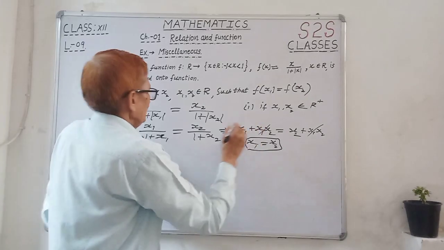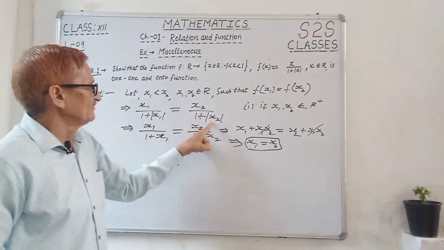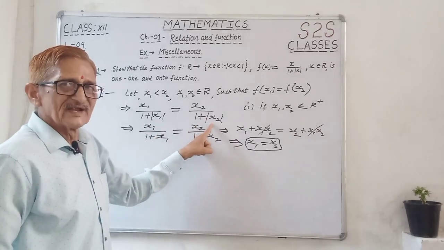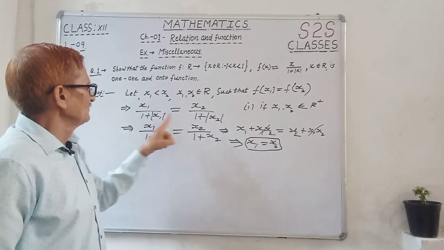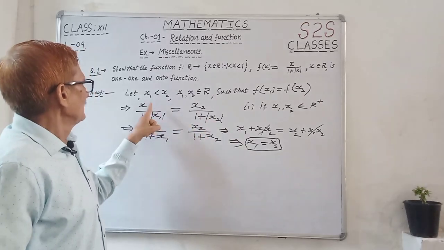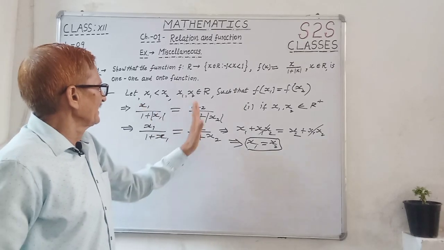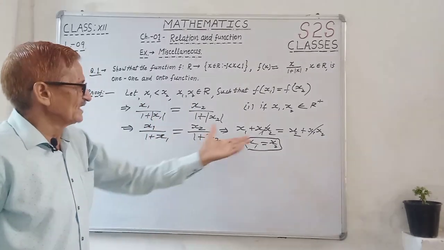After that, if both are negative, then the negative modulus will be positive, and upon negative, so both are negative numbers, the same will come.